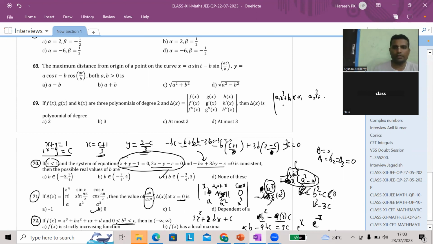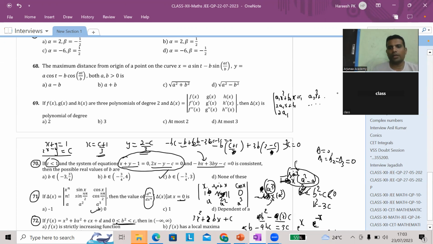And then next derivative will be 2a1 x plus b1. And second derivative will only be how much? 2a1, isn't it? Yes, sir.